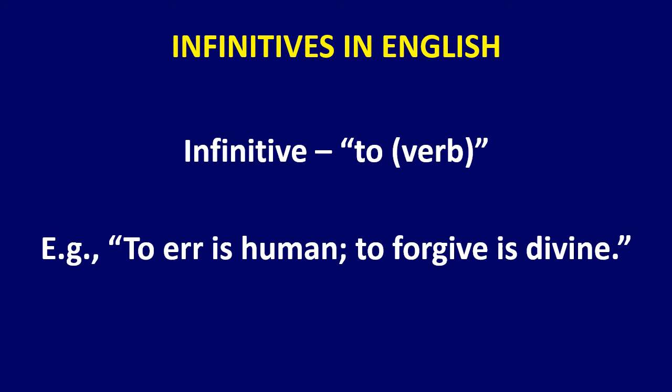For example, we say this oftentimes: to err is human, to forgive is divine. And in this sentence, to err and to forgive are both noun phrases that function as subjects in the sentence, not verbs, even though the idea of erring or forgiving are action verbs.